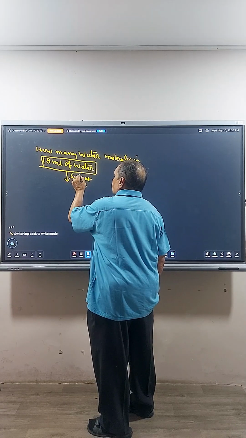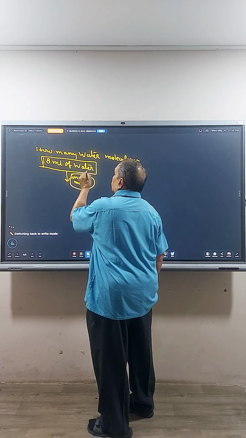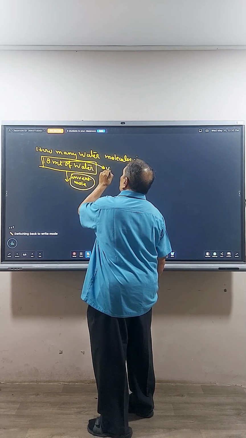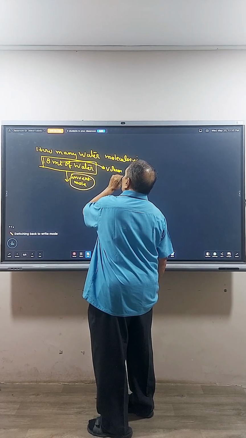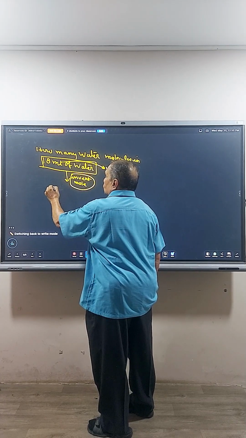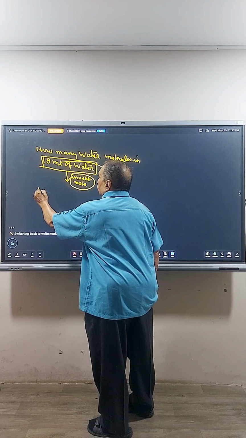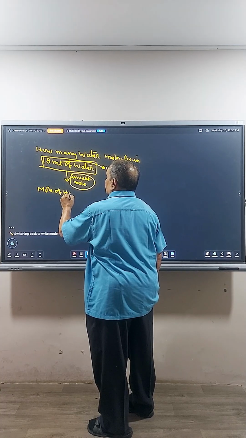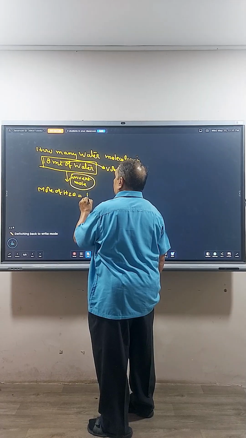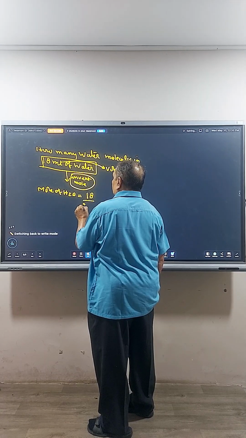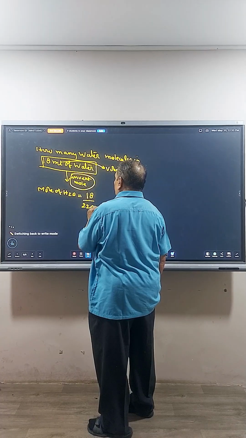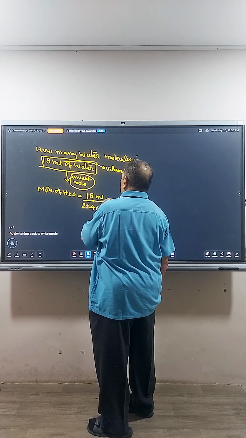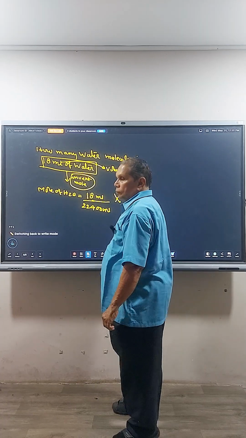Now, because here what is given is volume, what the student does is number of moles of water is equal to 18 upon 22,400 ml, which is wrong.